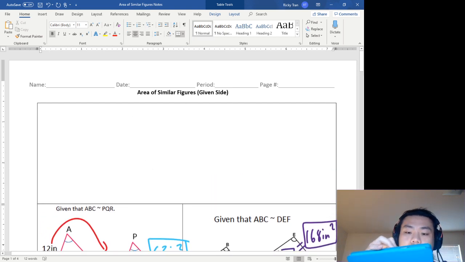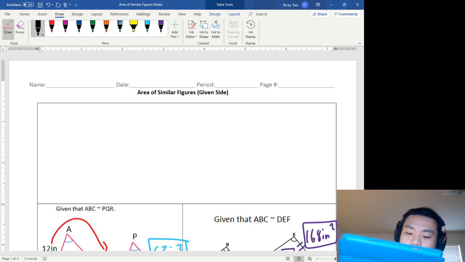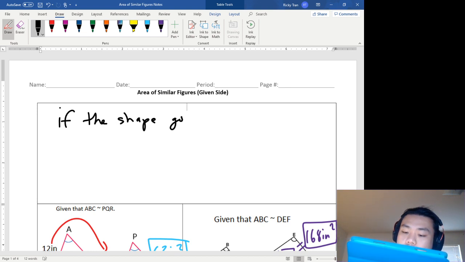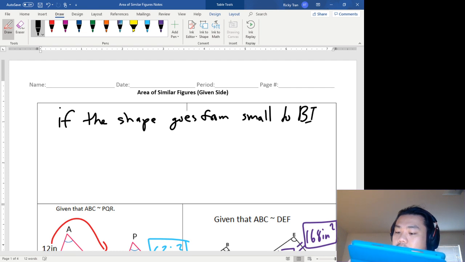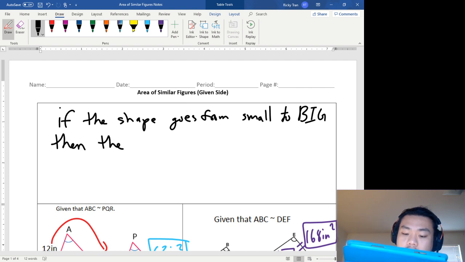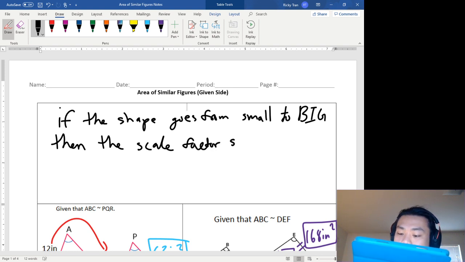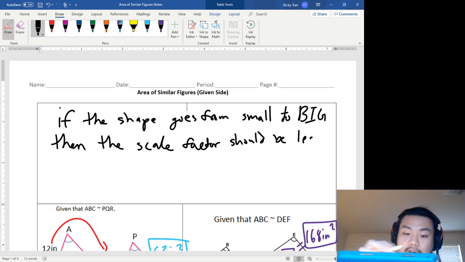Okay, so if the shape goes from small to big, then the scale factor should be greater than 1.